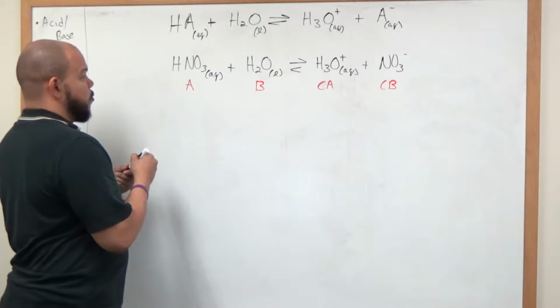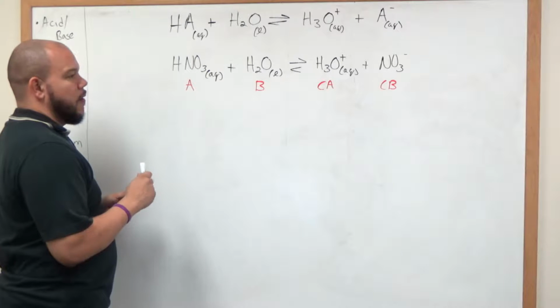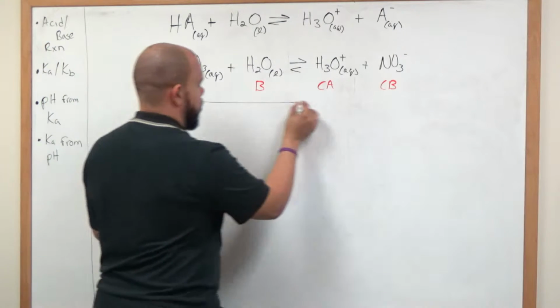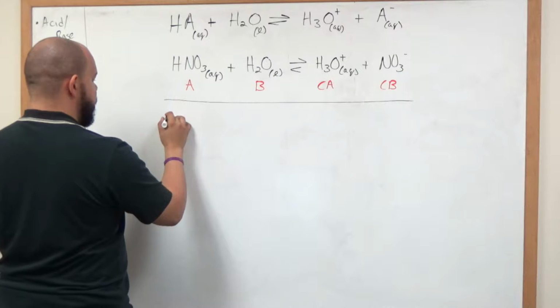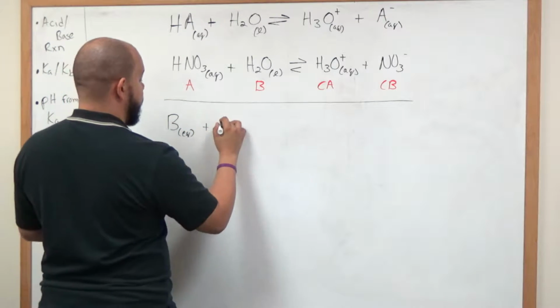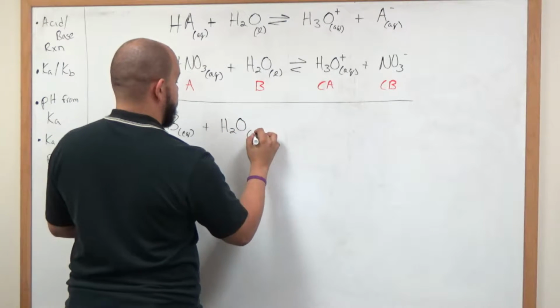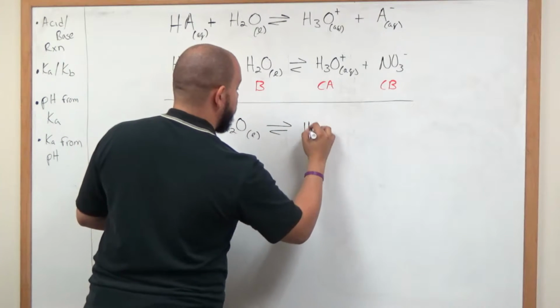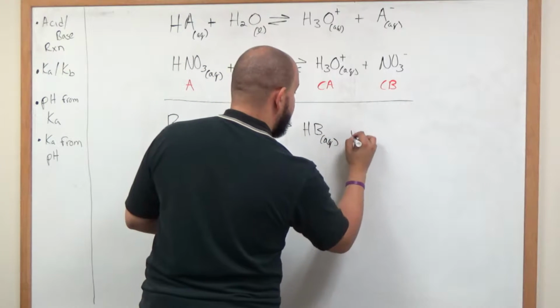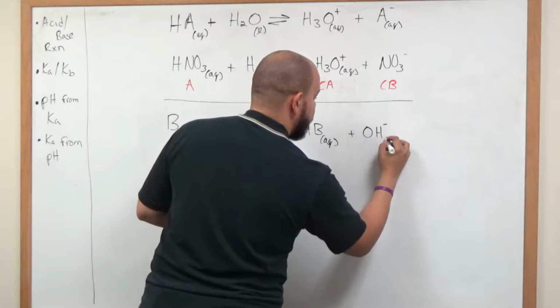Now, if we want to take a look at the interaction of a base with water, then we generically write this as base plus water gives us the base with a proton now, and hydroxide.